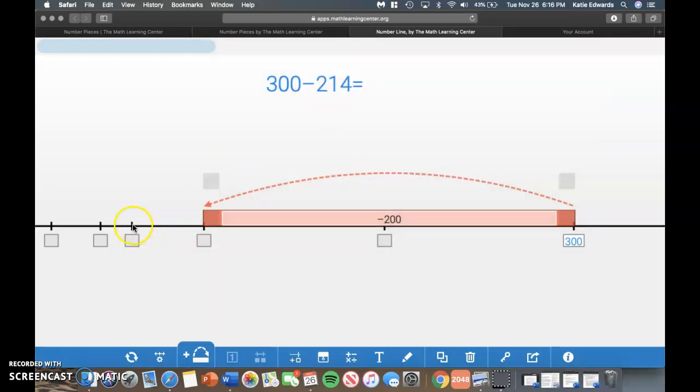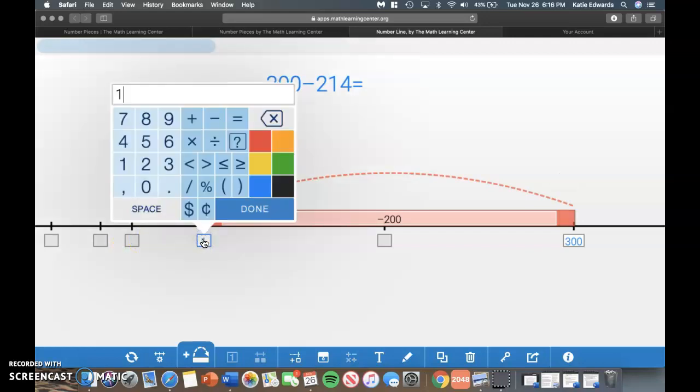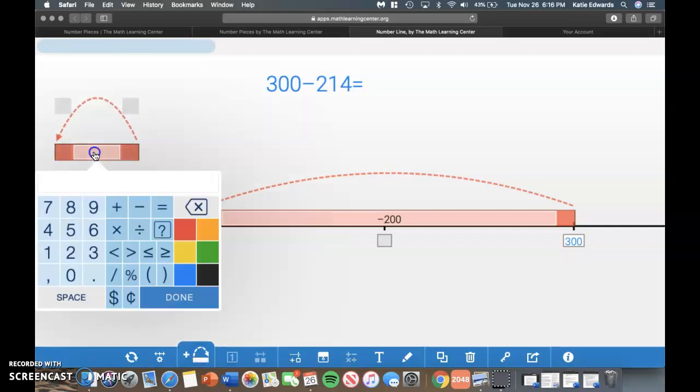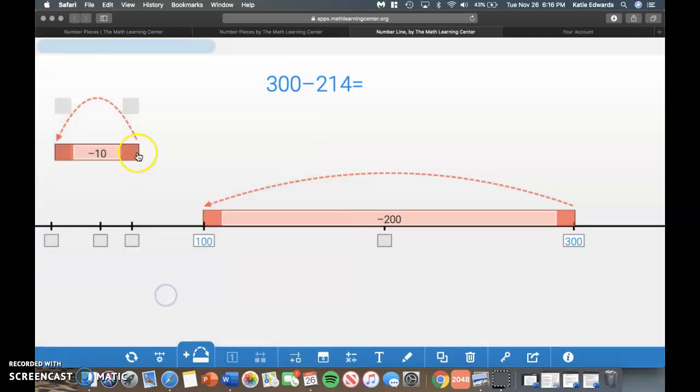And then next, they know that would equal 100. And from there, they may say that they know 100 minus 10 is equal to 90.